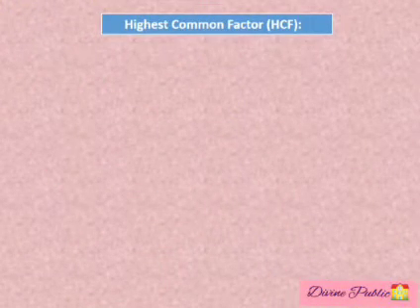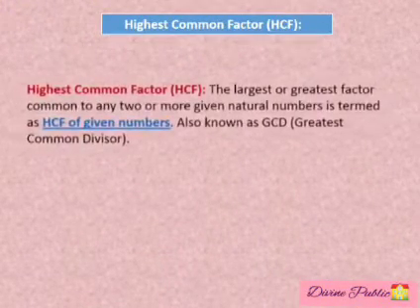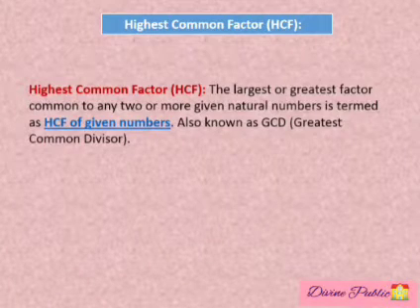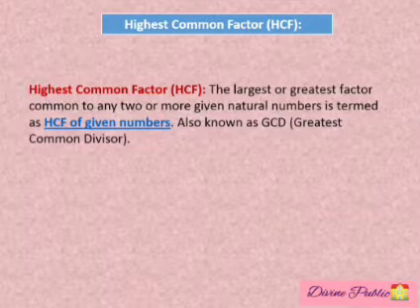The largest or greatest factor that is common to any two or more given natural numbers is termed as HCF of the given numbers. It is also known as GCD, meaning greatest common divisor.